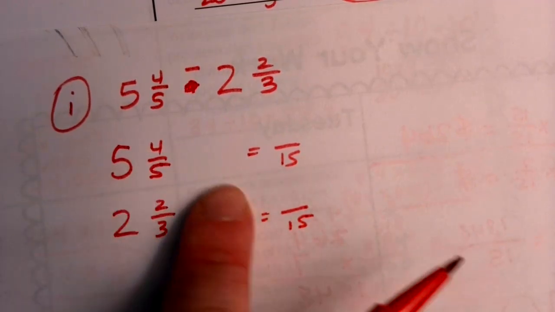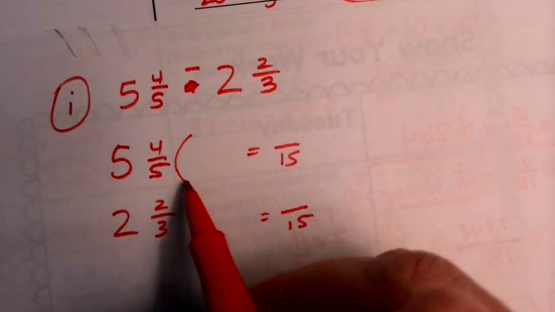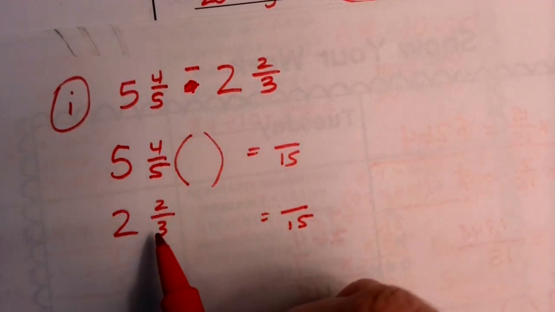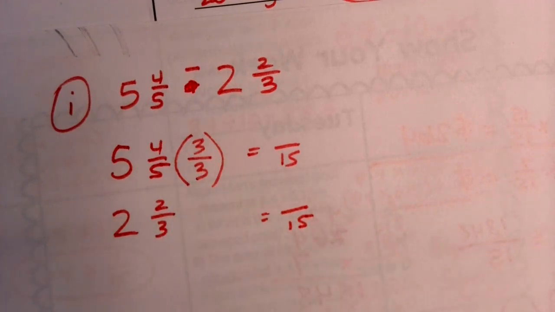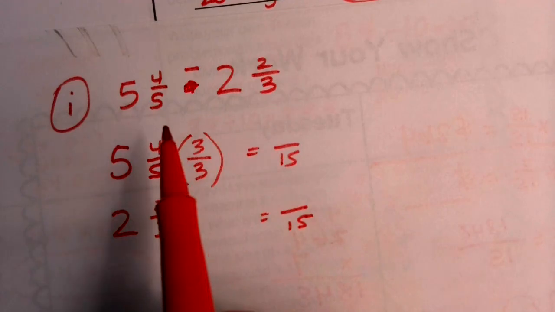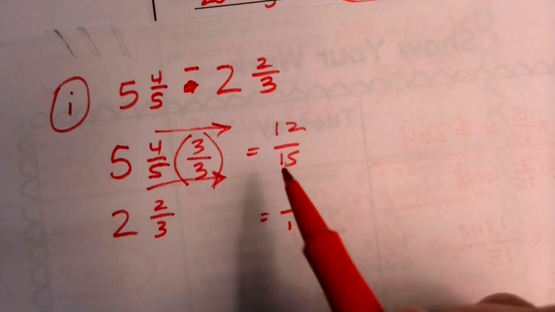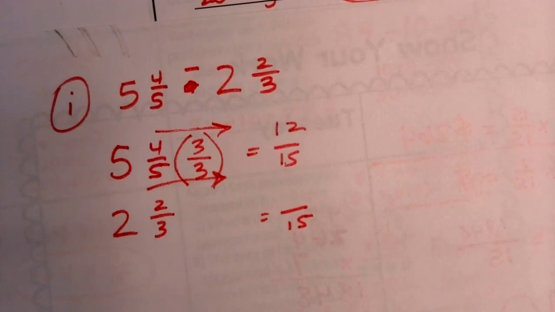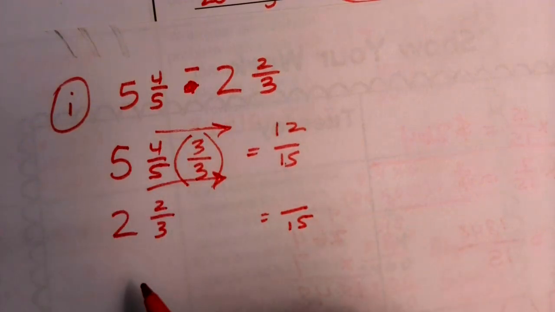Here we are multiplying our 5 times this denominator, and whatever we multiply our numerator by, we're going to multiply our denominator by. So we know that 4 times 3 is 12, and 5 times 3 is 15. Now, I talked you through the strategy because sometimes you can create a smaller denominator, but in this case, it really didn't matter. We are multiplying our two denominators together.